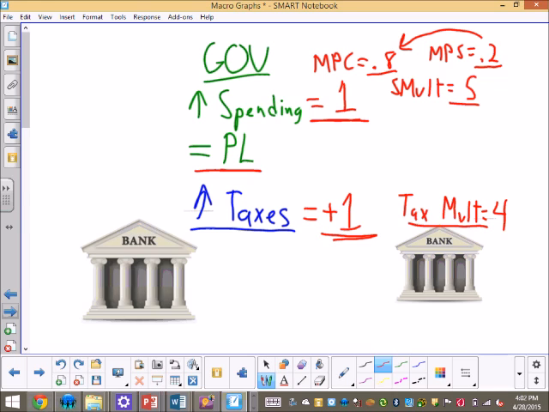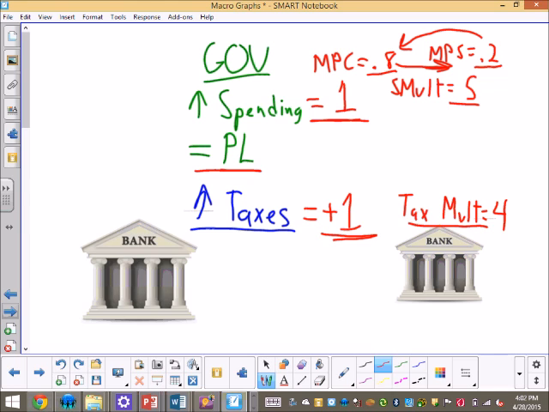So you could actually then calculate how much exactly you have to spend to equal that. So the spending multiplier is like 1 over 1 minus MPS, right? No, the spending multiplier is 1 over 1 minus MPC, which is 1 over MPS. And the tax multiplier is MPC divided by MPS.